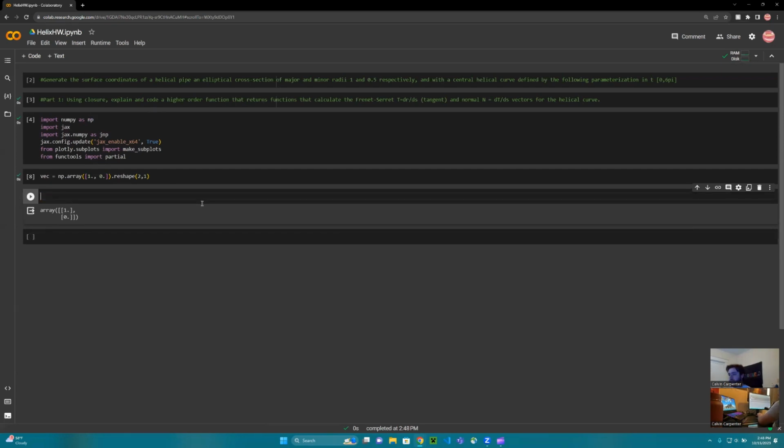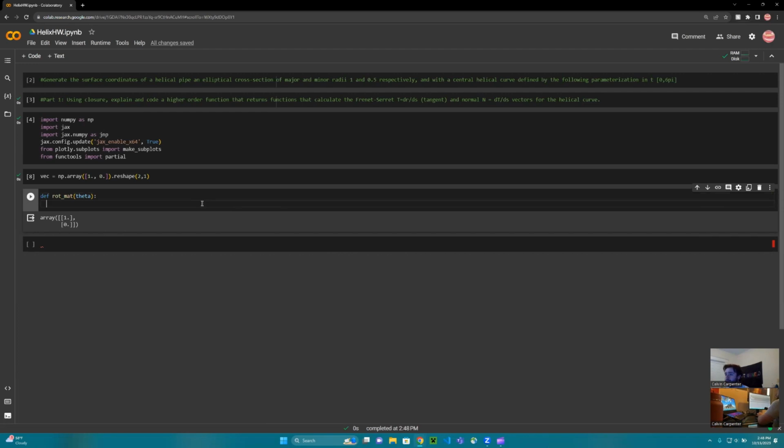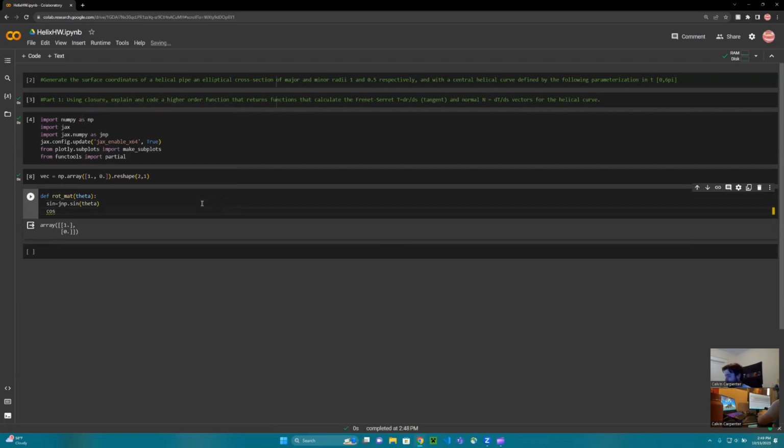All right, so next we're going to define a function for a rotation to rotate a matrix by an angle of theta. So first we have to define our values. So sine equals jnp sine at theta, and then cosine equals jnp cosine at theta as well.